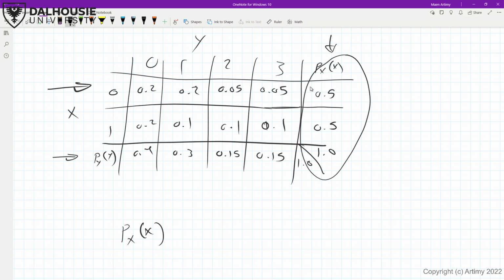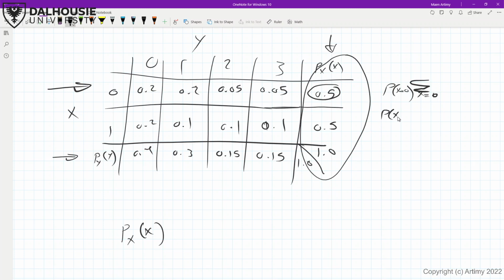So the px of x distribution is this column, and the py is this row. We fixed x, and we added all the values of y. So we fixed x at 0, so we end up with the probability of x equals 0.